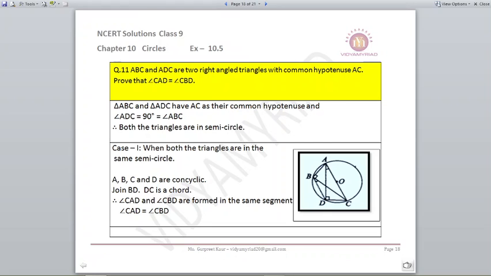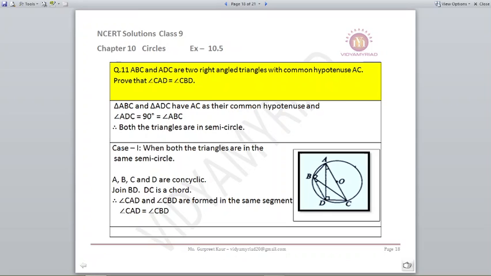Now if you look here, there is a triangle ABC and triangle ADC which has a common hypotenuse AC. So the angle formed on the semicircle will be 90 degrees, which means that angle ADC will be equal to angle ABC, which is equal to 90 degrees, and they are forming on a semicircle. Let's take case 1 when both the triangles are on the same side of the semicircle.